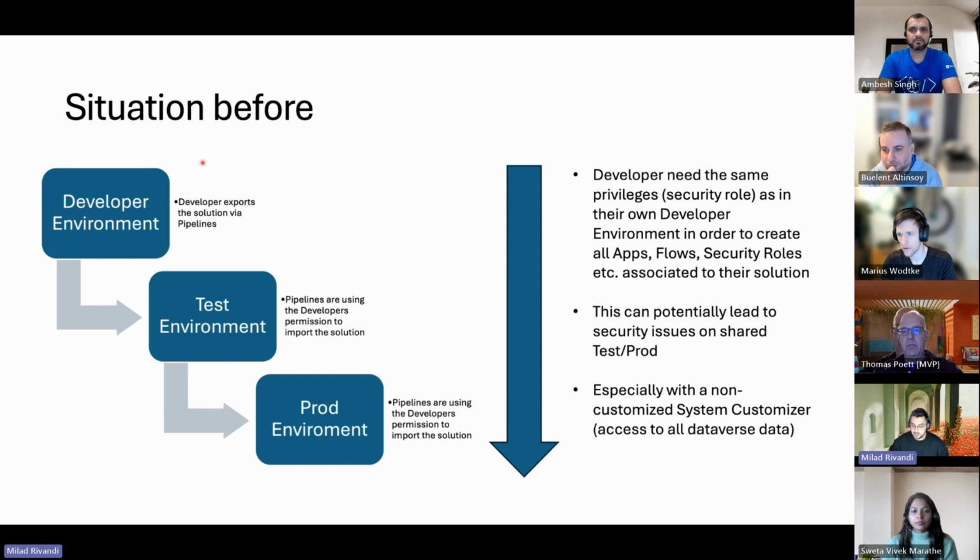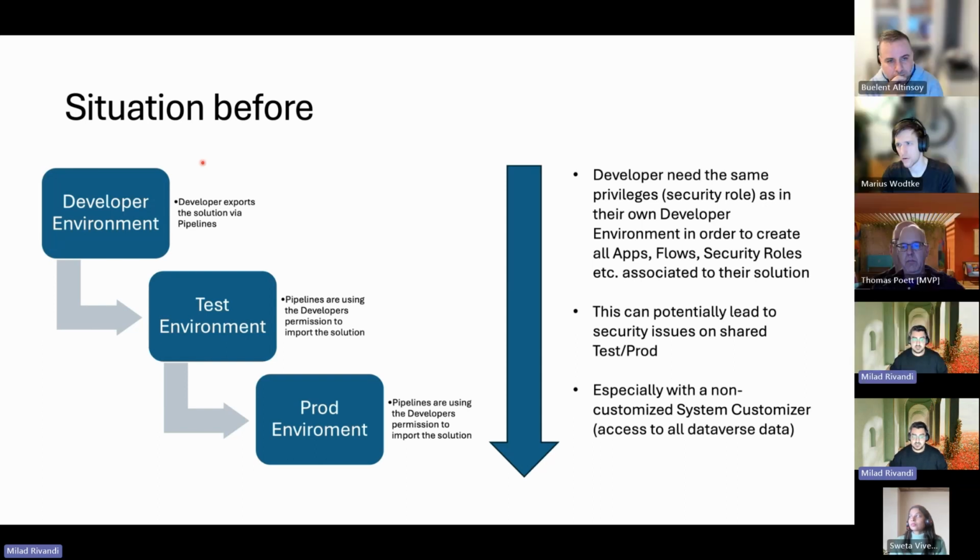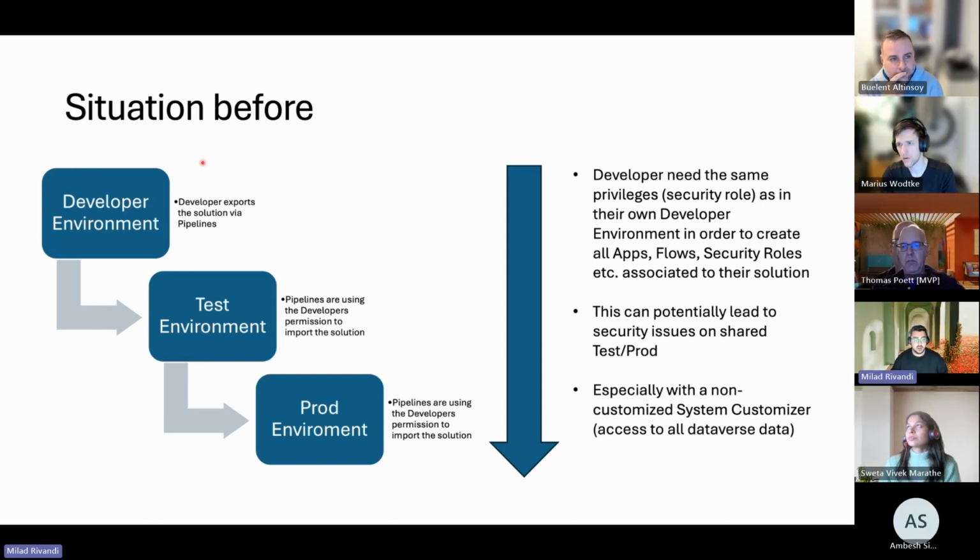Let's assume the developer creates Dataverse tables, apps, flows, environment variables, whatever, but also creates a security role for data access to their custom table. Then they need the same permissions in the test and prod environments to even create these artifacts within their solution.